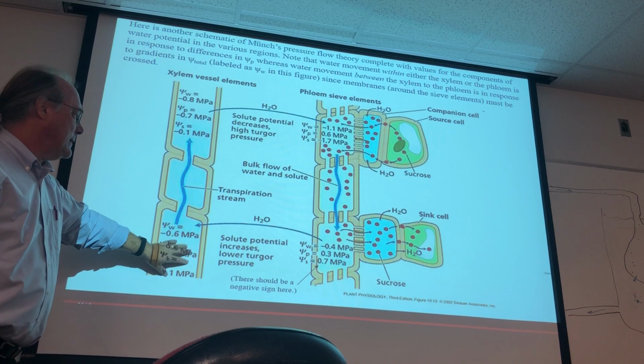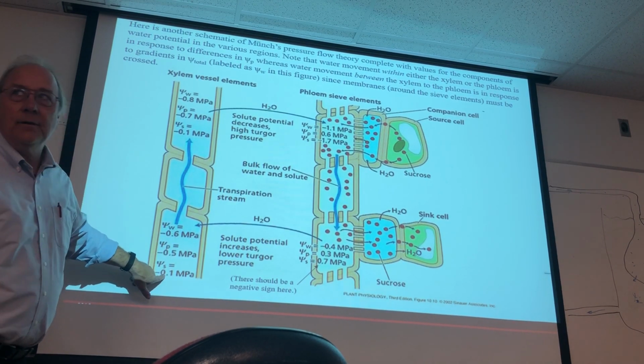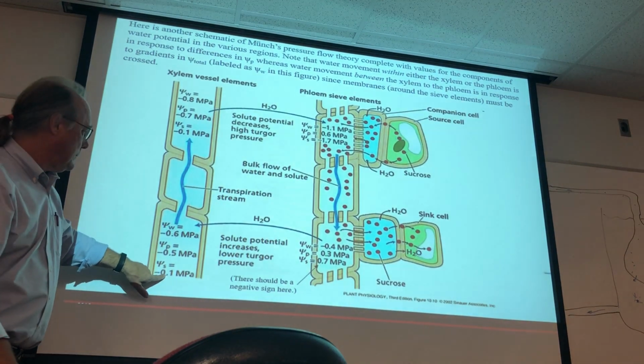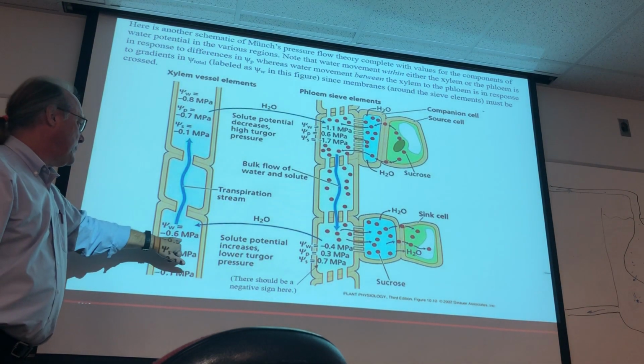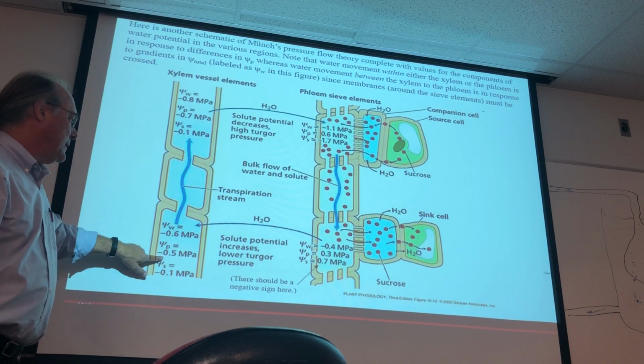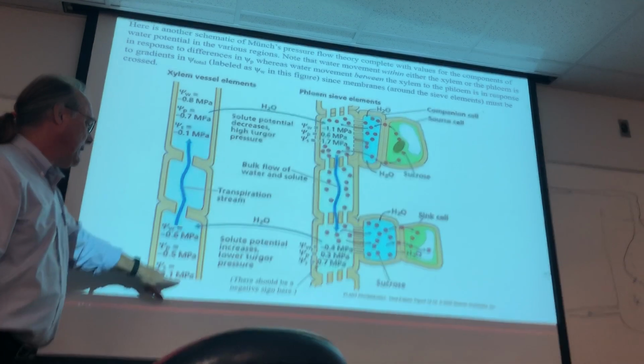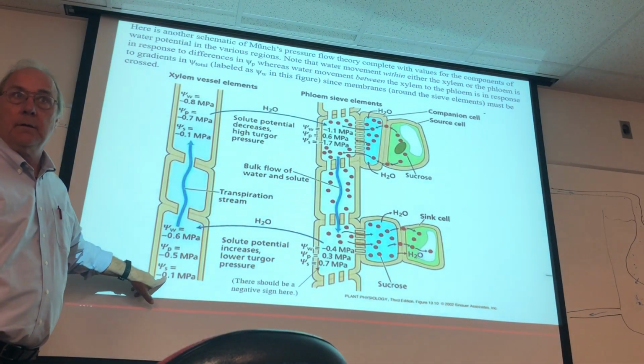Okay. Let's start here in the xylem, say near the soil, maybe down low in the xylem. Total water potential -6 megapascals. That's made up of a negative pressure potential, a tension in the xylem of -0.5, and a small osmotic component.